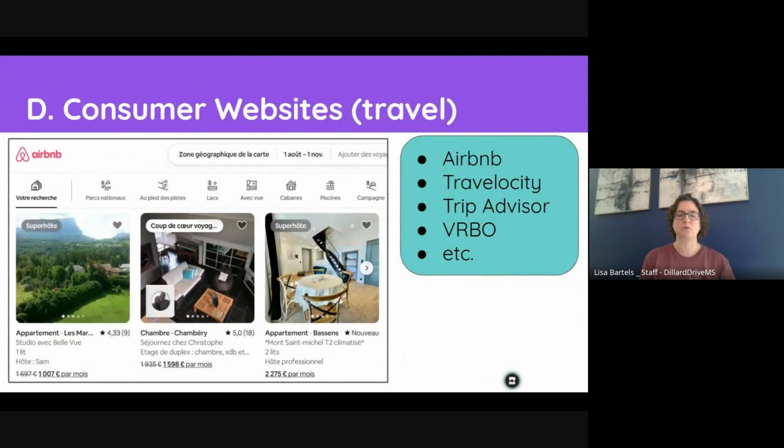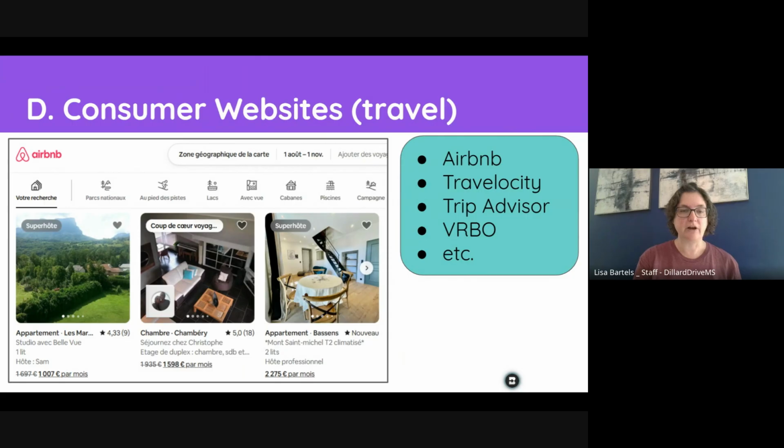Okay, a fourth way to integrate reading and writing from social media is with consumer websites, and especially any website that requires people to write a review. So I'm going to talk first about travel websites, for example, Airbnb or Vrbo or TripAdvisor.